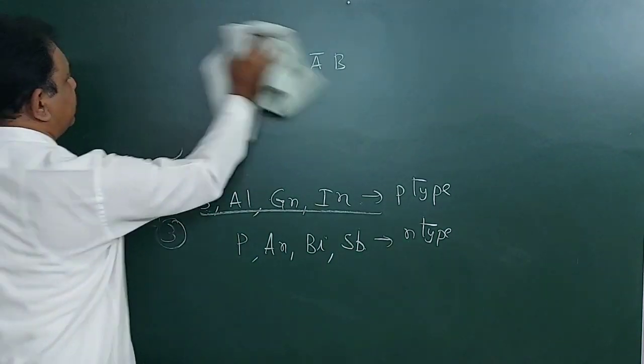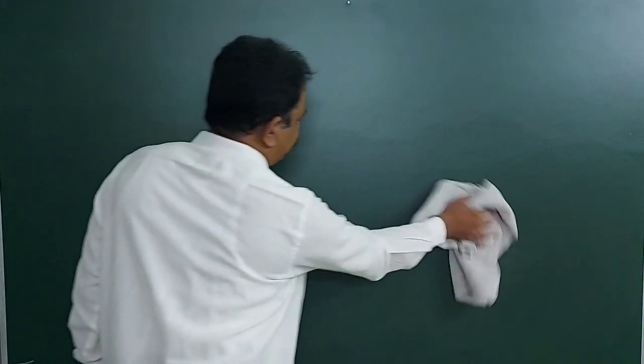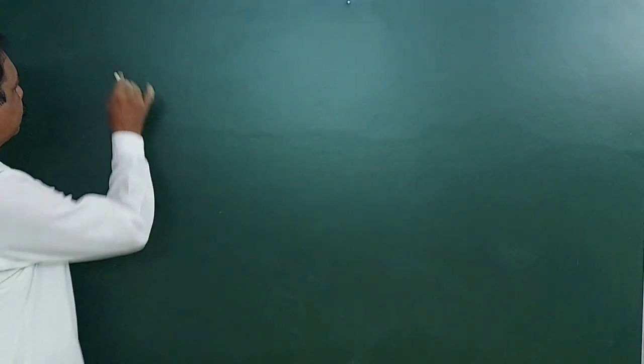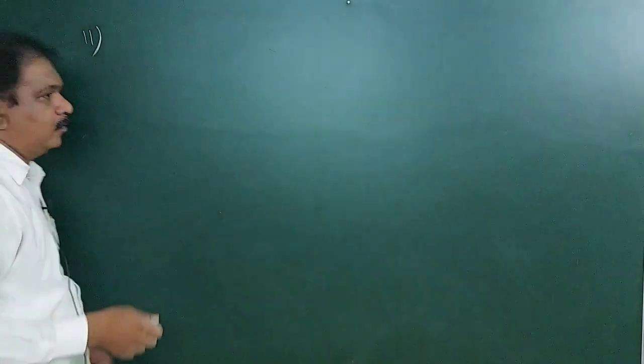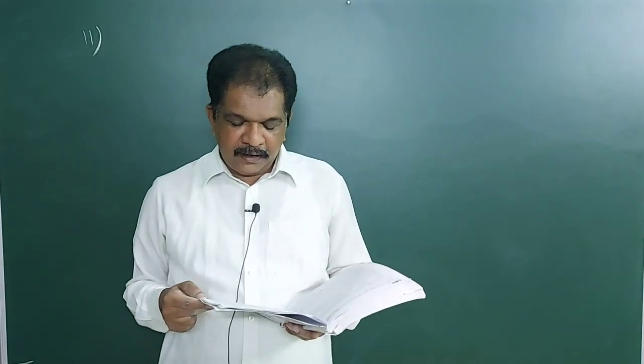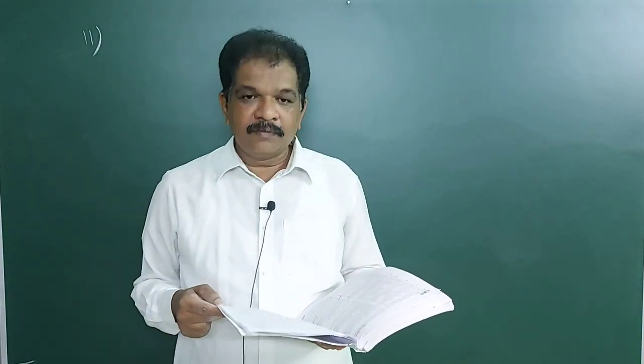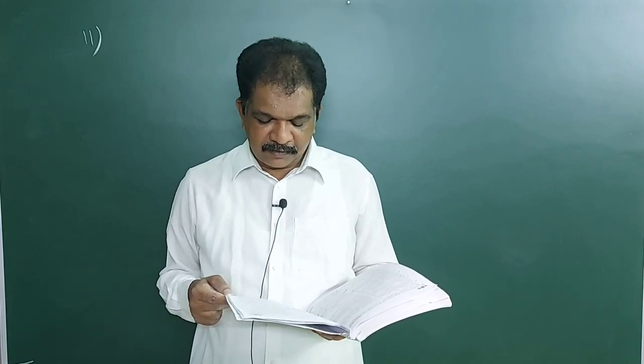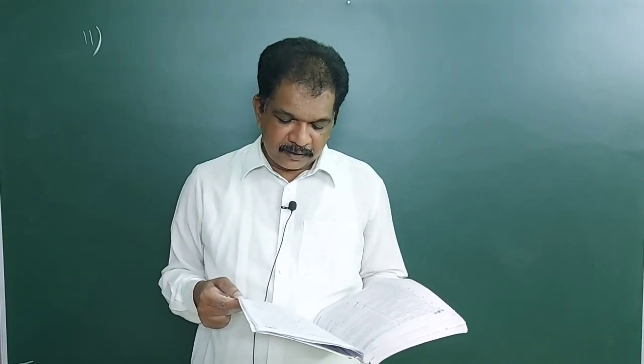Next, 11th question. What they are asking, see. Width of the depletion layer in PN junction diode, it will increase in the reverse bias. That only correct.